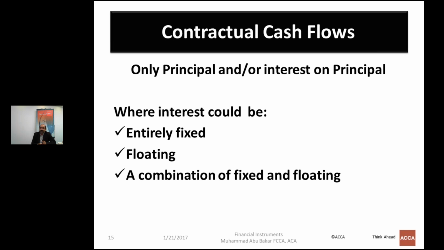This is one example. Another example is a fixed term variable market interest rate bond where the variable interest rate is capped. Third example is a fixed term bond where the payments of principal and interest are linked to an unleveraged inflation index of the currency in which the instrument is issued.